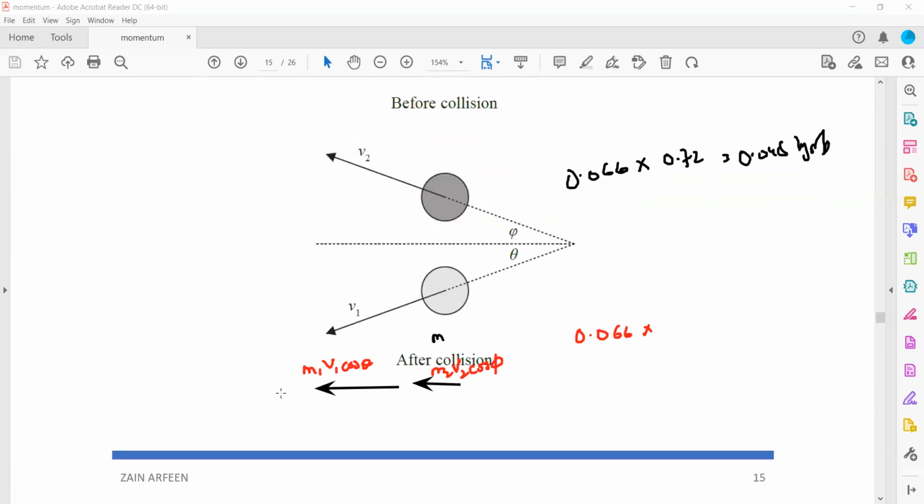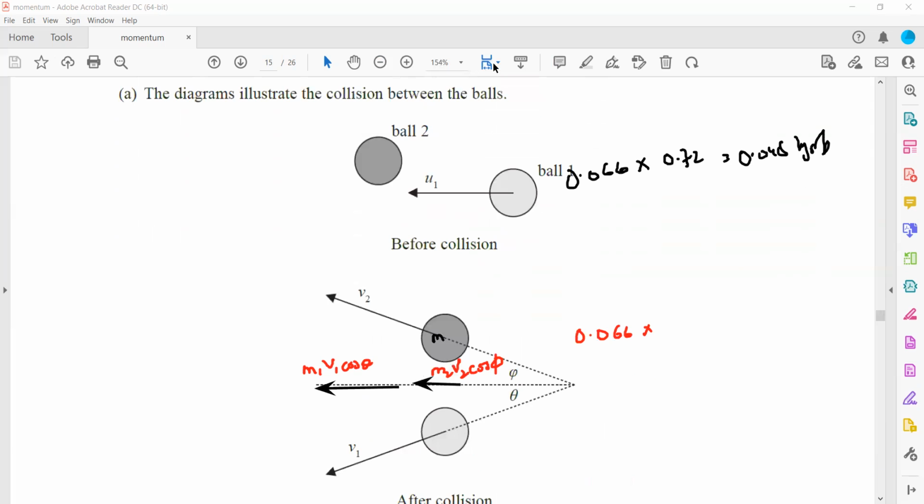V1 is 0.63 and the other one is 0.35. So 0.63 and cos of the angle it was making, that is 29, plus the second one, 0.066 into the velocity 0.35 into cos 61, the angle of this sphere.